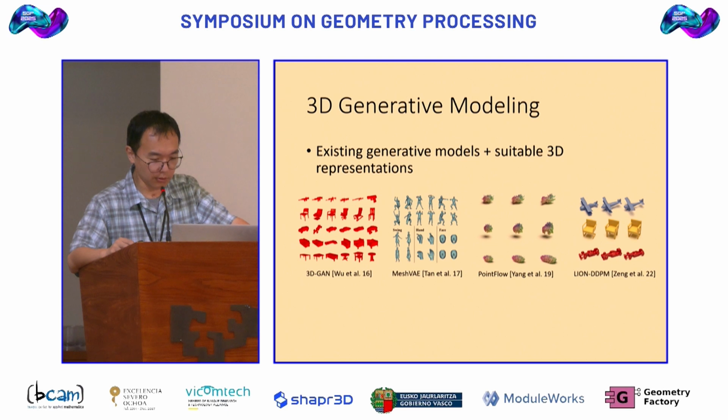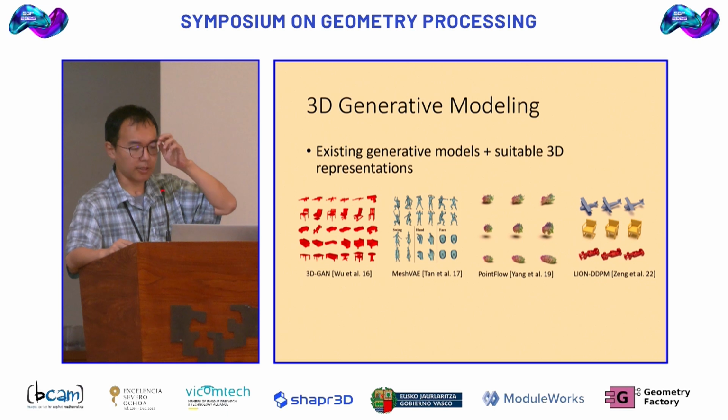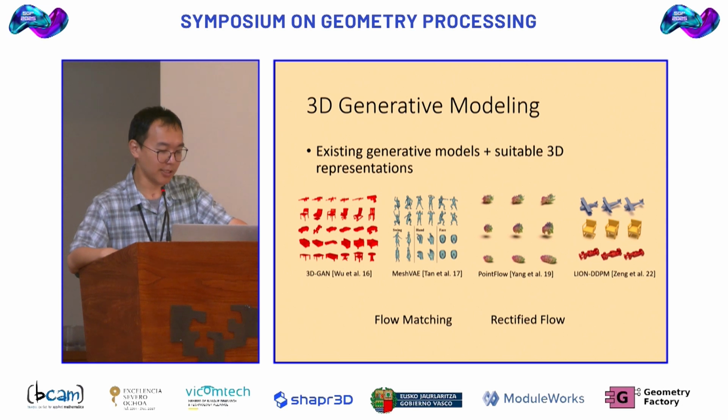So you can continue to do this. In fact, I don't think we have the ultimate generative models. This field is still being developed. Very recently we have those flow models, so we can continue to do this. Whenever new models come out, in the 3D domain we adopt them.